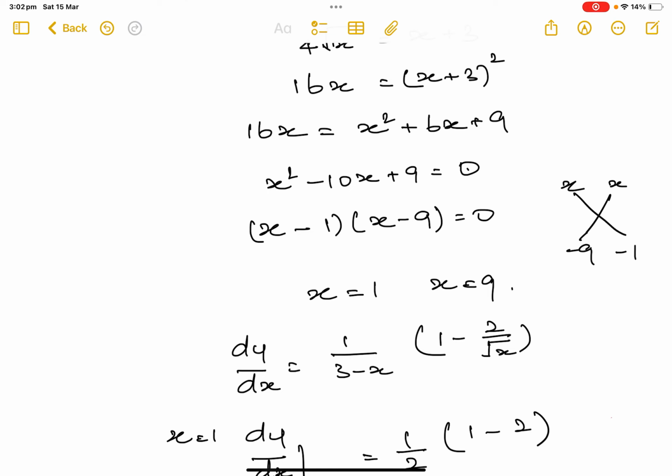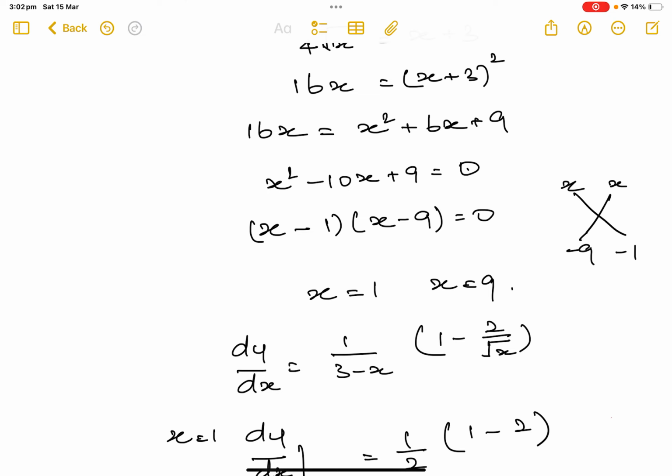And this is a quadratic equation in x, which we can factorize. So x squared, and the factors of 9 are minus 9 and minus 1, in order to get minus 10.